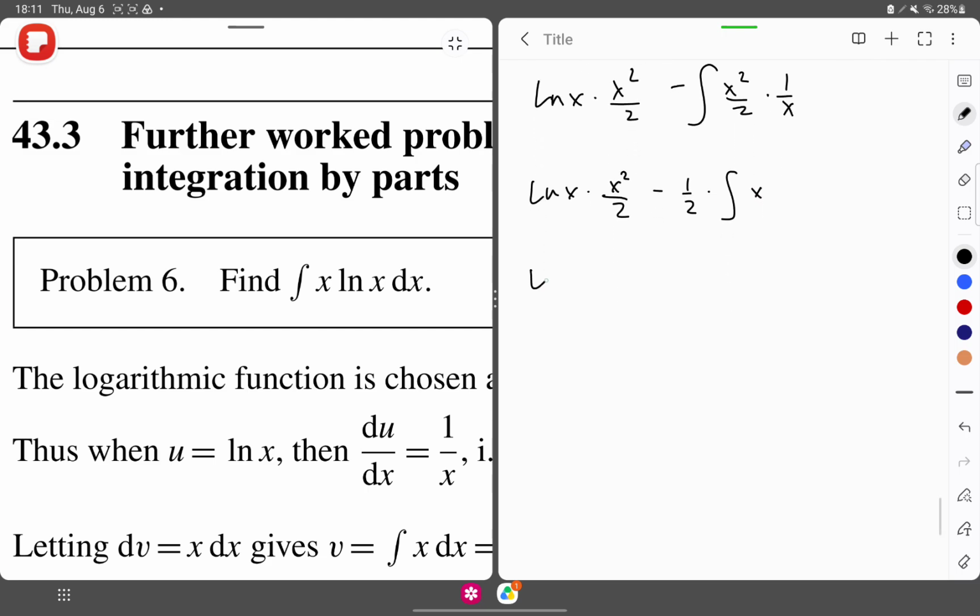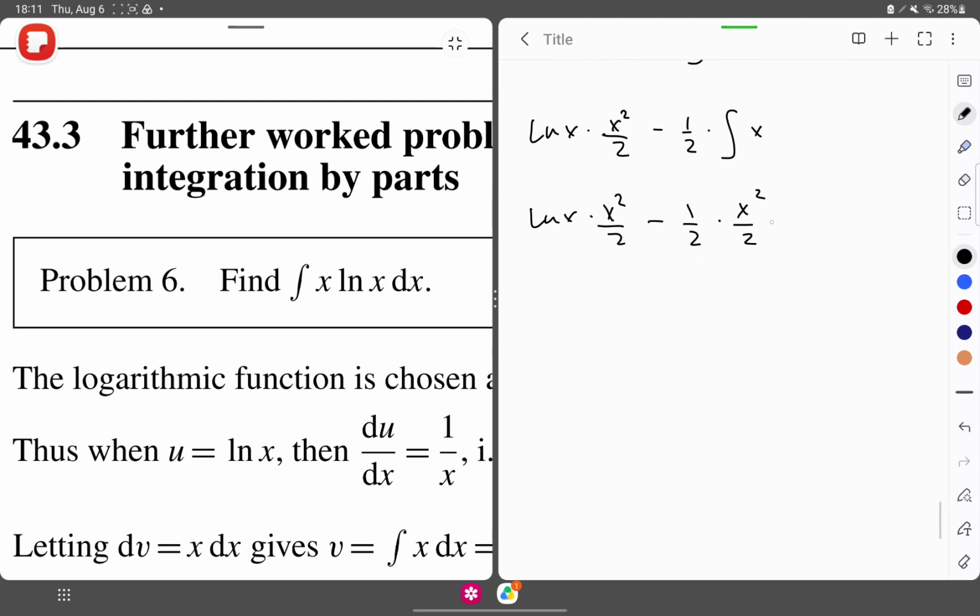So it will be ln x times x squared over 2 minus x squared over 4 plus c.